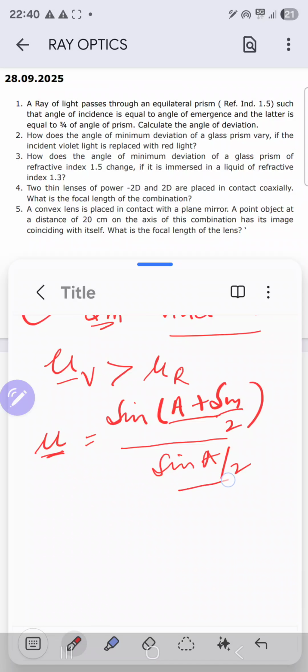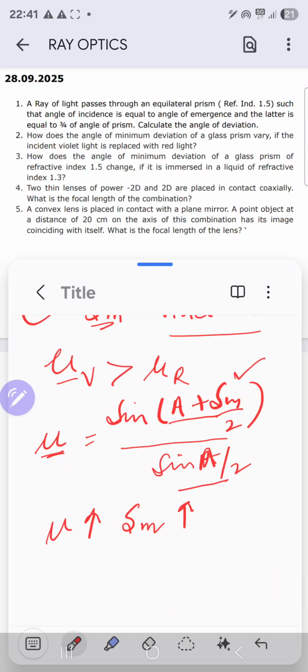This term is not going to be affected if we change the light, as the angle of prism is going to be constant. So if mu is increasing, then this term would be increasing, which means delta m would also be increased.